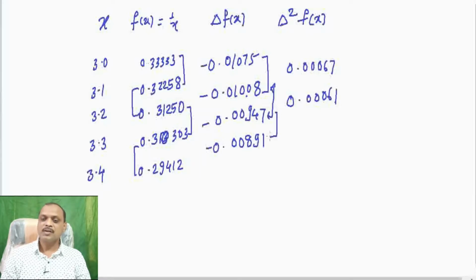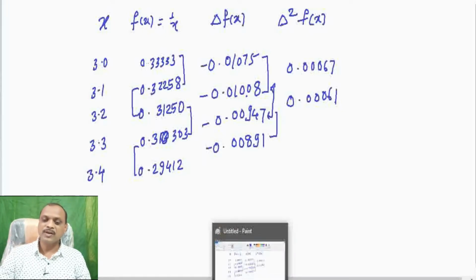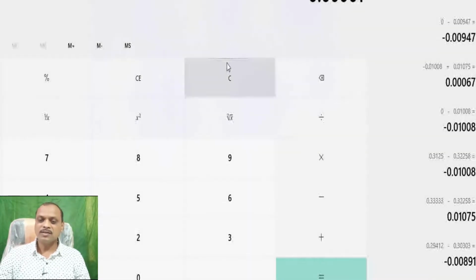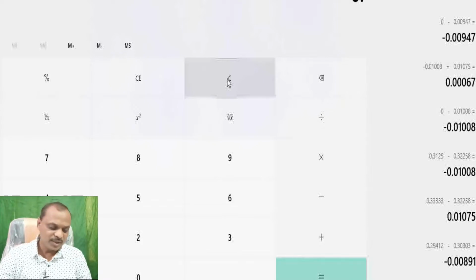Now the difference of these two, let us calculate the difference of these two values. It is very simple, and whenever you have a calculator you can easily calculate these values, and for that you always need a calculator. Okay, so remember these things.